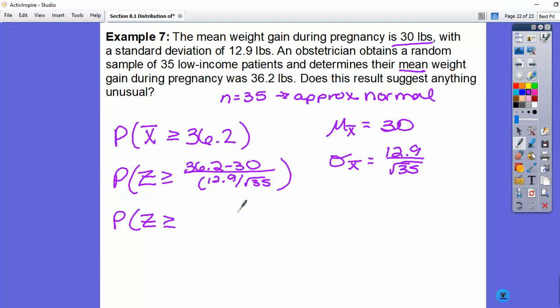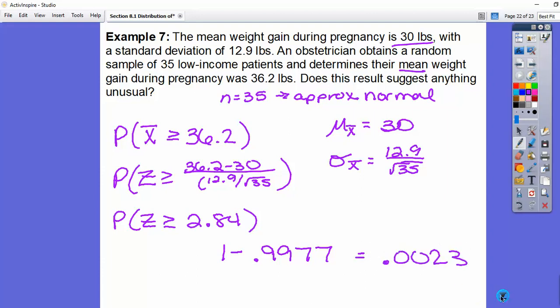So I get Z to be greater than or equal to 2.84. How do we do greater than from the table? 1 minus. Okay, at 2.84, the probability is 0.9977.